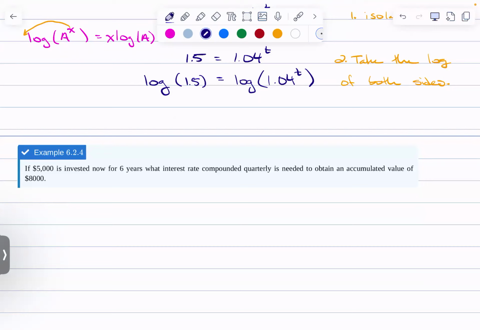Now, the reason we took the log is so that we can send that t out front, and they're equivalent. So now we have the log of 1.5 is t times the log of 1.04.